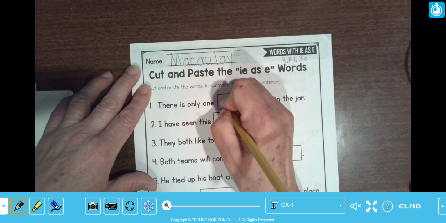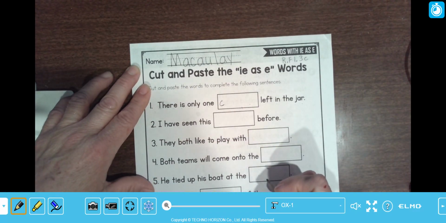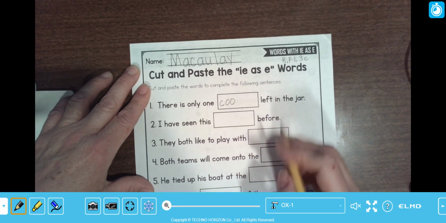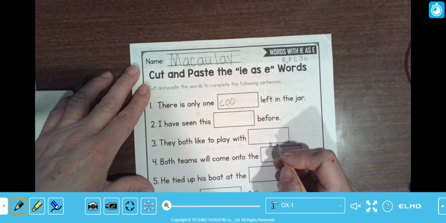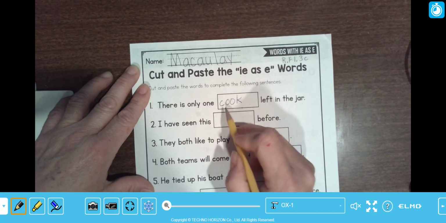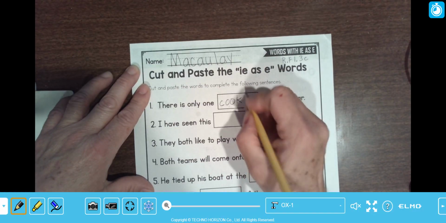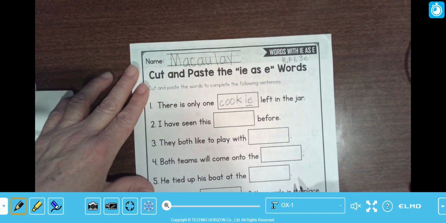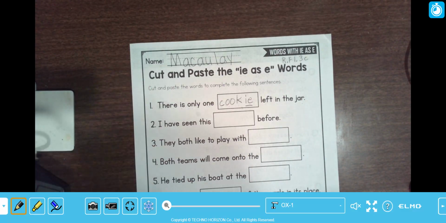So K is the 2 O's. K is the K. And then E is the IE together. There we go. Cookie. Go ahead and write that down.